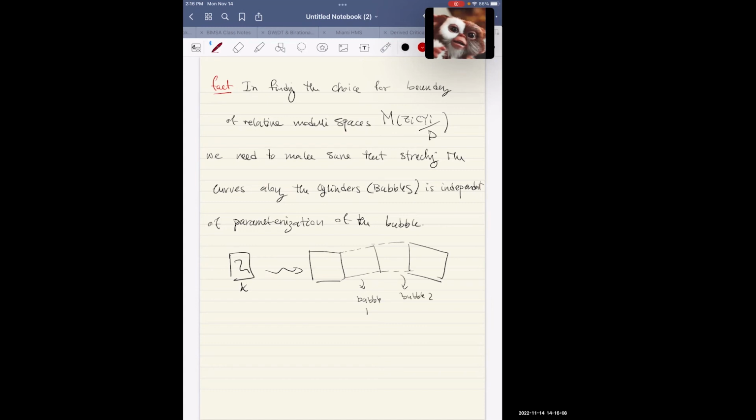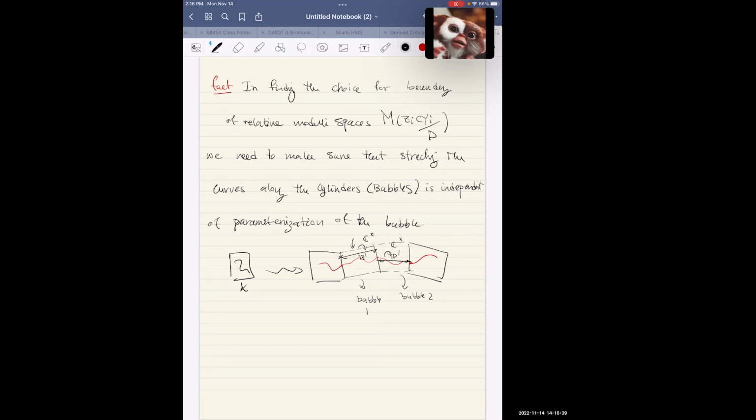As you look at your curve, it's stretched out like this and then becomes like that. These bubbles are essentially P1 bundles, so every fiber of this thing is P1, and every fiber of this thing is also P1. Each fiber of P1 is acted on by the action of C star, and here the same. So C star is acting on these things.